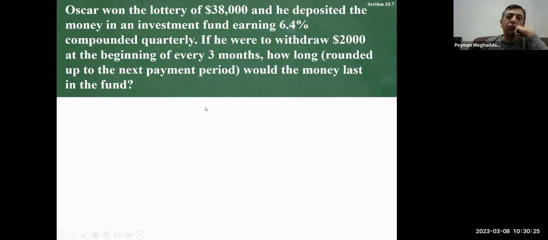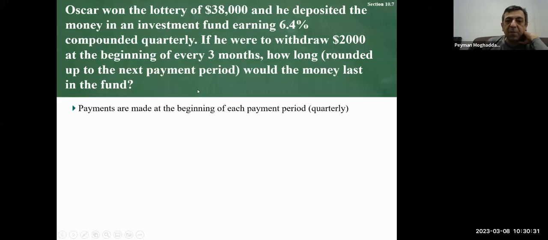okay, so first of all, we need to find which kind of annuity this is, right? As I said, the payment is at the beginning of the period. So if he were to withdraw $2,000 at the beginning of every 3 months, it's going to be due, right? It's a due annuity, every 3 months, and the compounding is quarterly, so compounding every 3 months, so it's going to be due simple.